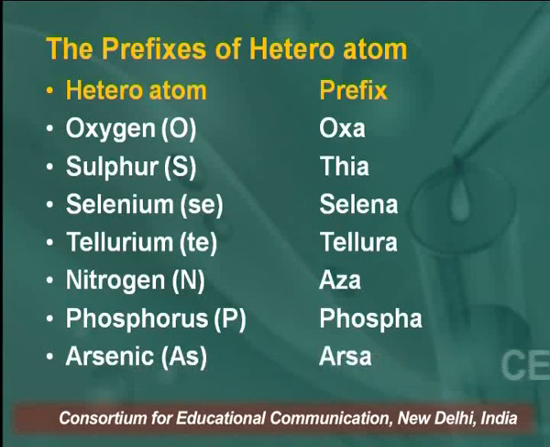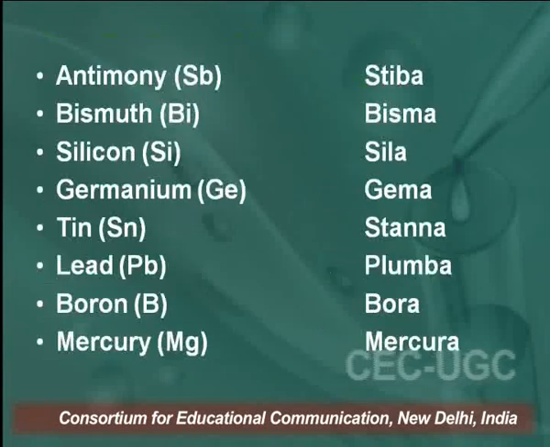If in the ring the heteroatom is oxygen, the prefix will be oxa. If there is a sulfur, the prefix will be thia. Selenium, it will be selena. Tellurium, the prefix will be tellura. Nitrogen, the prefix will be aza. Similarly, phosphorus, it will be phospha. Arsenic, it will be arsa. Antimony, it will be stiba.